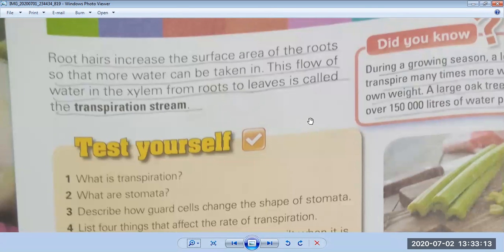Okay, you can also see the Did You Know box. During a growing season, a leaf will transpire many times more water than its own weight. A large oak tree can transpire over 150,000 liters of water per day. So this is very important information you have to understand.